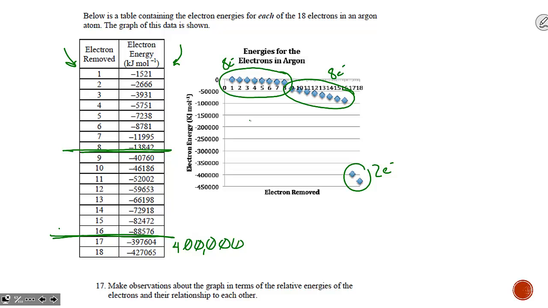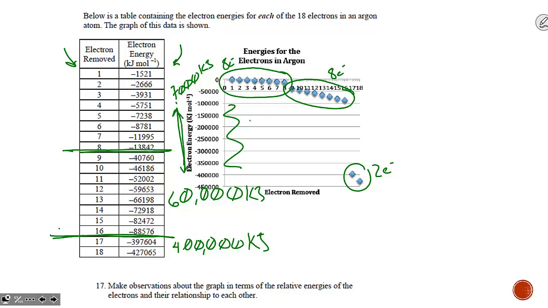On average, it took 7,000 kilojoules to take out the first set. The middle set, we said, oh yeah, they're kind of close, but I think that's just an issue of scaling, right? Because if you average these numbers together, this averages like 60,000, give or take, which is pretty drastically different than that first group. So we have 3 distinct energy levels that these electrons fit into.